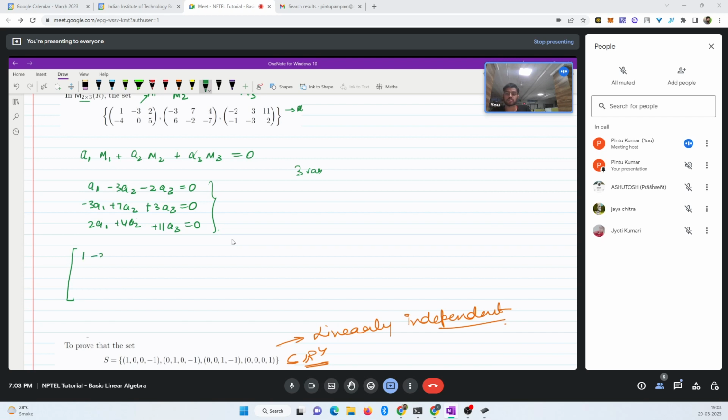This gives me 1, minus 3, minus 2, minus 3, 2, 7, 4, and this entry is 3, 11. One thing I'm seeing is that if I combine these two entries, I'm getting the middle entry, minus 3. But that same thing is not holding over here, so probably of no use.